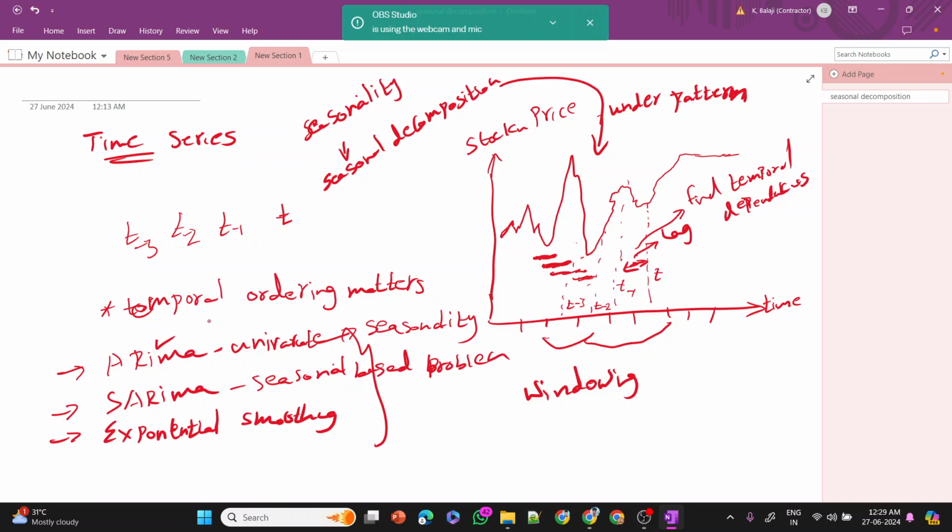The data is made stationary by differencing. Then there is exponential smoothing, which uses the time period to make the predictions. ARIMA is a powerful time series algorithm.